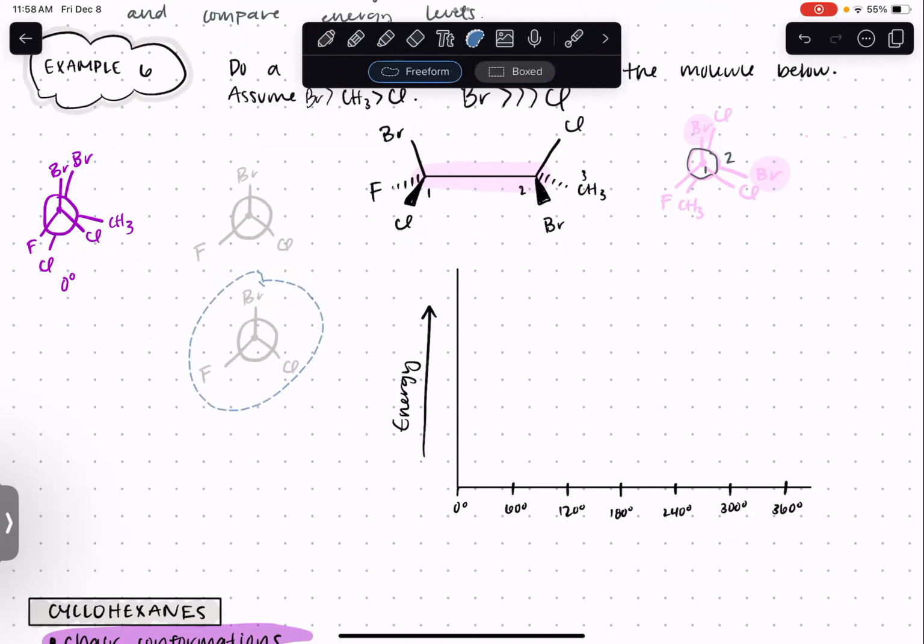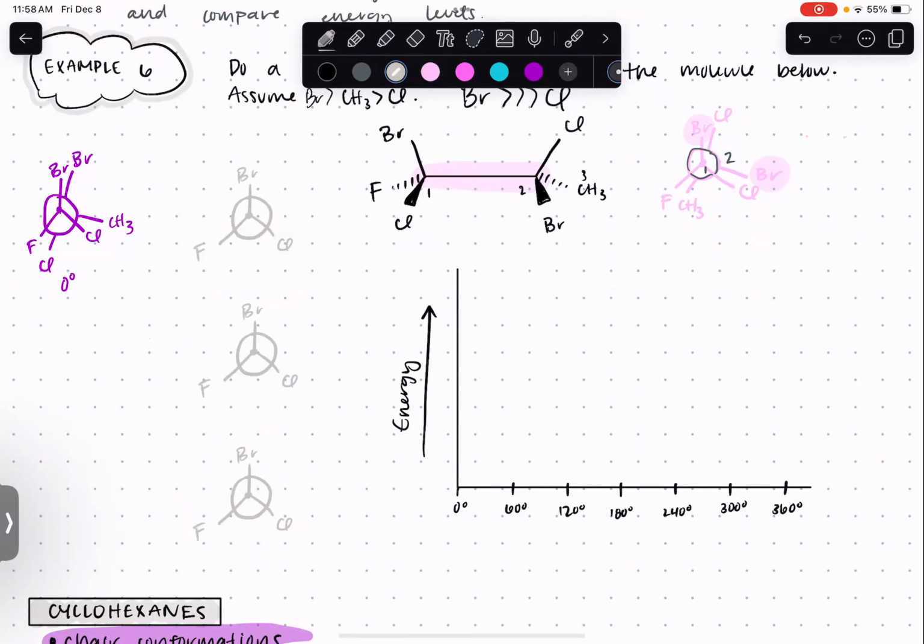And I'm just going to right away do this so that I don't have to redraw it a bunch of times. But our front carbon stays the same. We're rotating it 60 degrees clockwise. So the bromine is now over here. CH3 is there. And our chlorine is off to the side there.